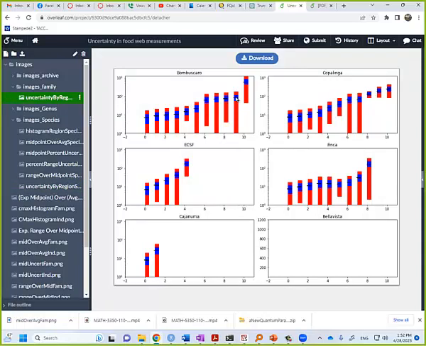Part of this is because family has more observations, and part may be because the species are substituting for each other. That's true. So we have to do some mathematical analysis to see this.